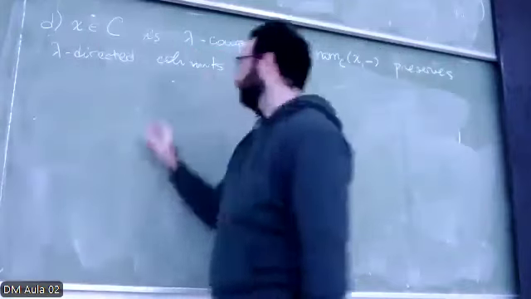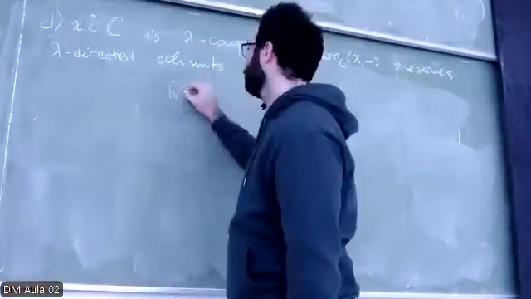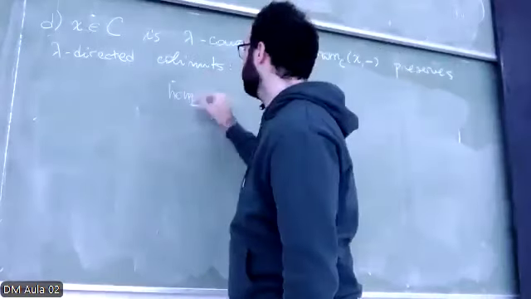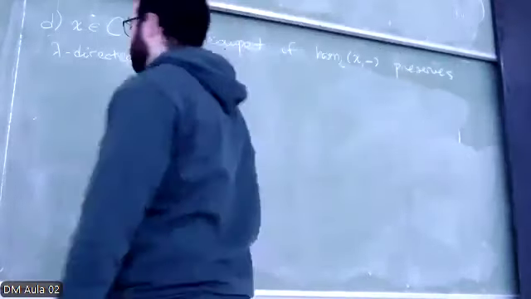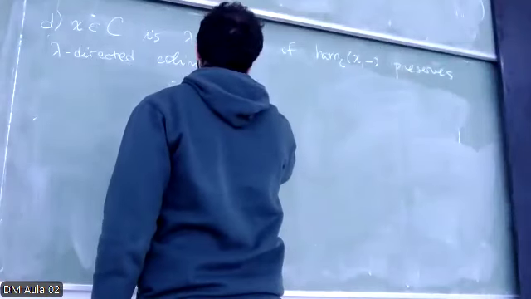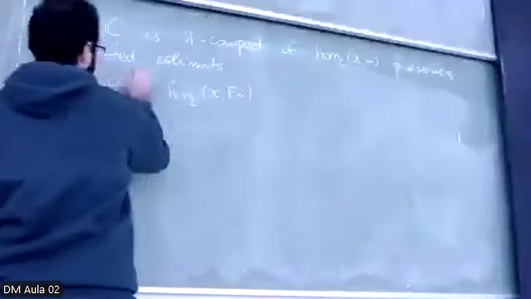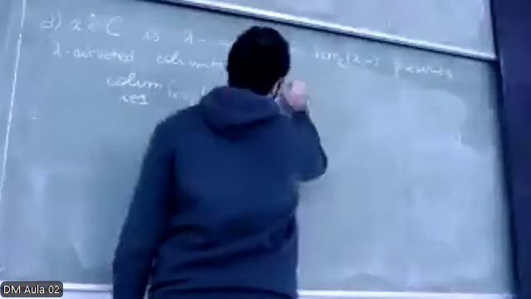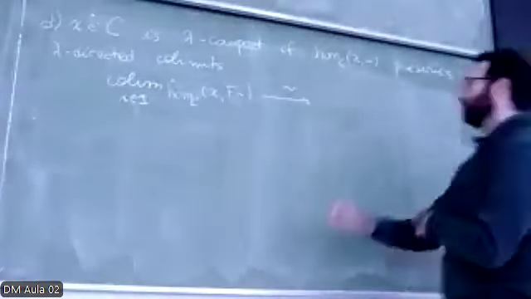And this means that for each lambda directed colimit, the following map is an isomorphism. Well, actually, an equivalence. In the infinity case, it's an equivalence of anima.